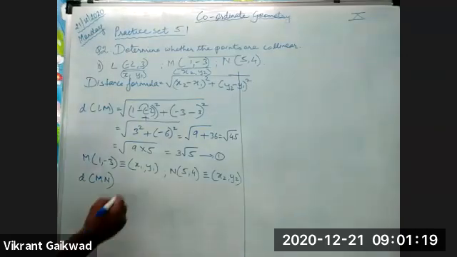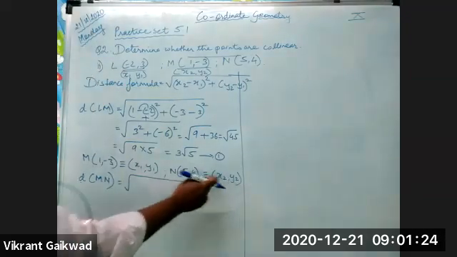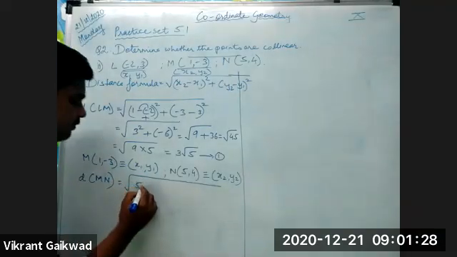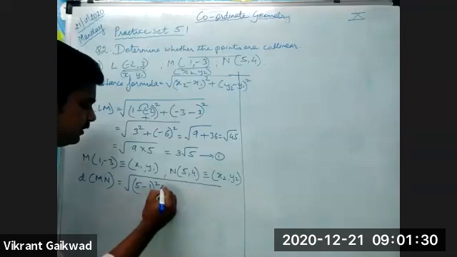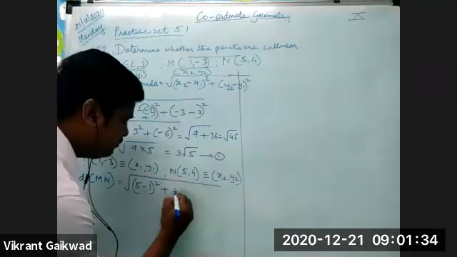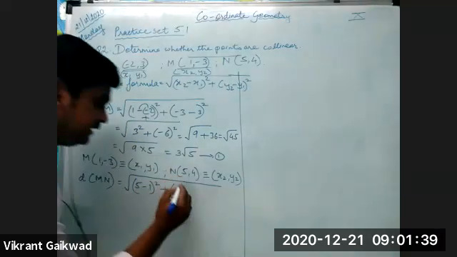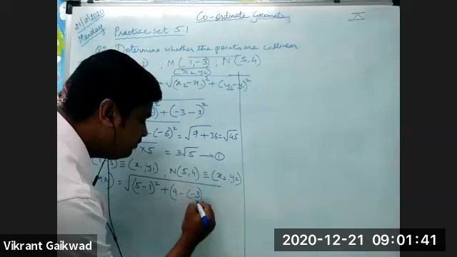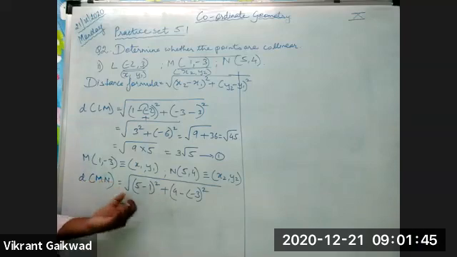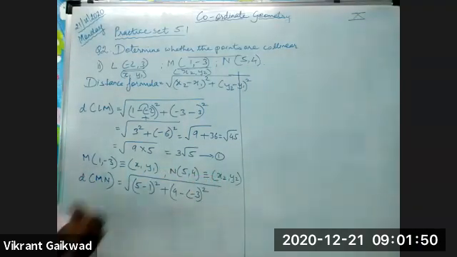So distance of MN equals to under root of, see, x2 is 5, so 5, x1 is 1. So (5 minus 1) the whole square plus y2 is 4, plus 4, y1 is minus 3. So minus sign is there already in between. Minus of minus 3 the whole square.